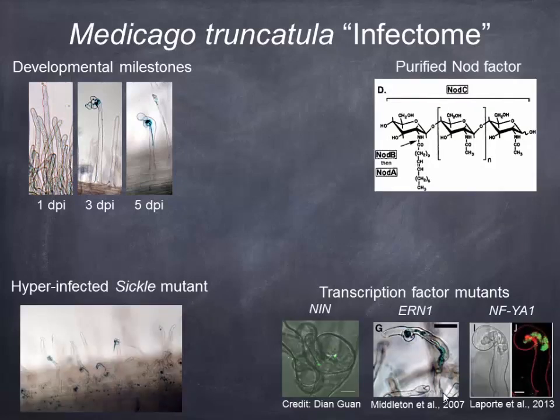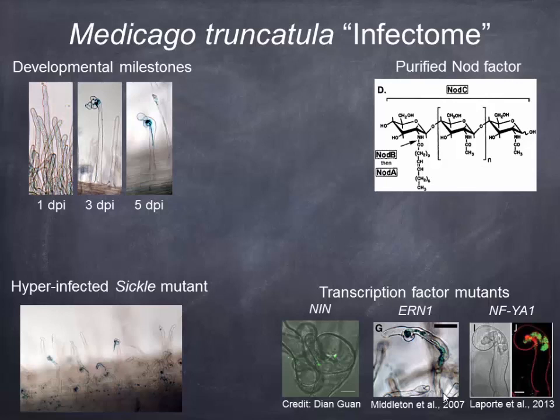And the story continues. We wanted to explore the effects of purified Nod factor on the root hair. And also we took a mutant, sickle. This is a hyper-infected mutant, so it forms about 10 times the number of infections of a wild type.